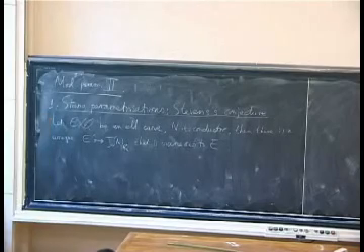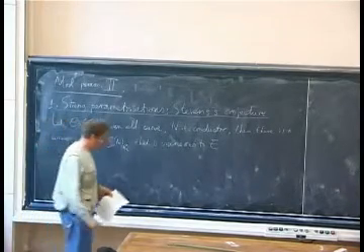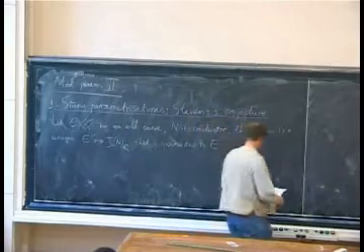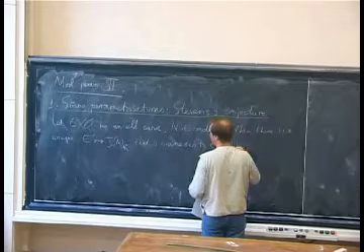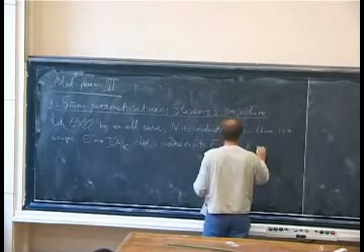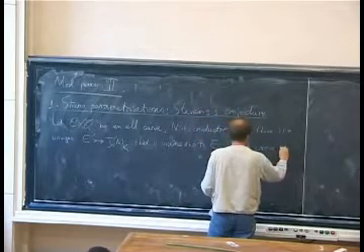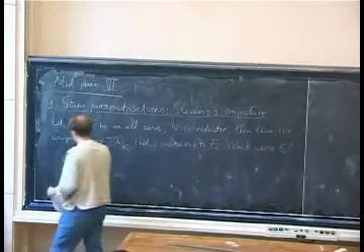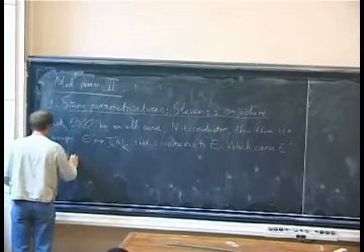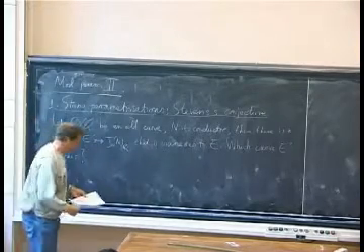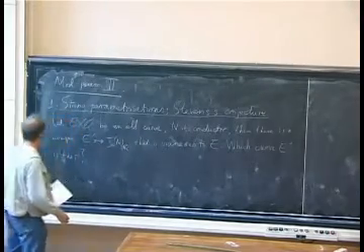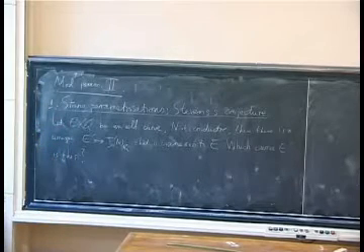So the question that one should ask in this case is, which curve E prime is this? So maybe I should recall a little bit how one makes this E prime.